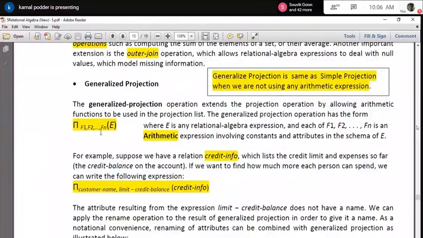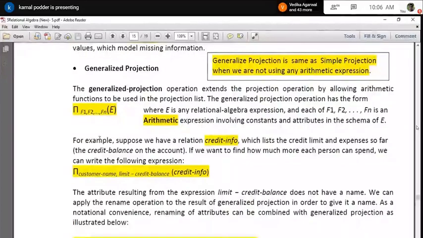F1, F2 up to Fn are all arithmetic expressions, meaning a combination of one or more columns. Then it is called the generalized projection. When there is no arithmetic expression in this function, only plain columns, then it is like your simple projection. Operation-wise there is not much difference. The only thing is that in the generalized projection, you can use arithmetic operations.